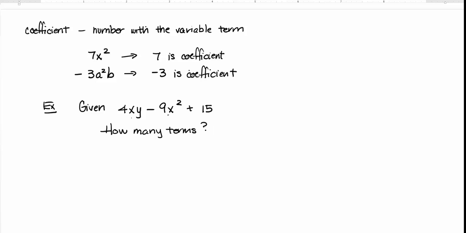Well, I see 3 terms, right? There's 3 things that are separated by addition and subtraction. So I see 3 terms. And what are they? So my terms are 4xy, negative 9x squared, and 15.